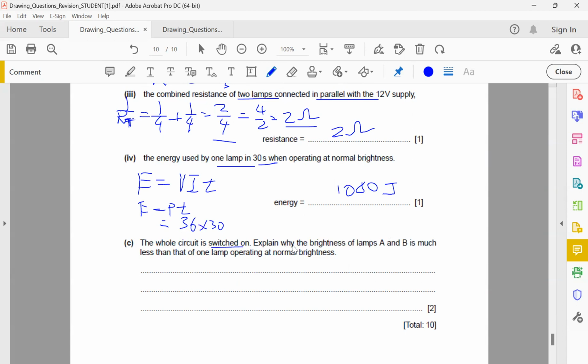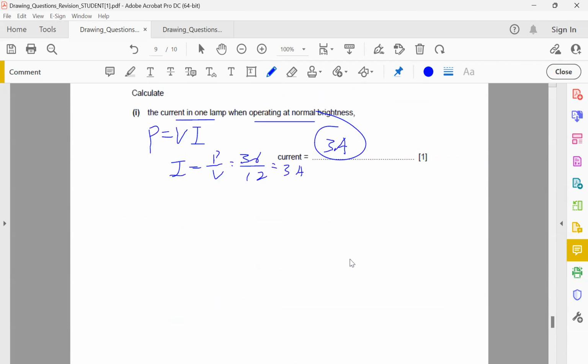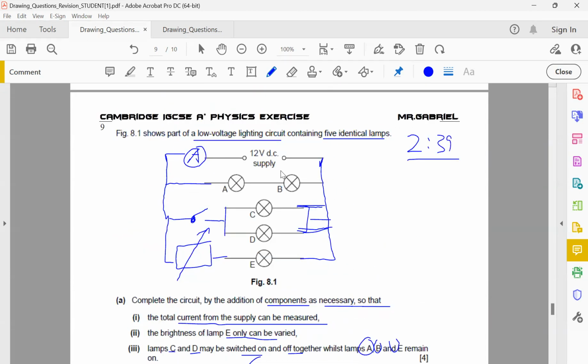And finally, the last part here. The whole circuit is switched on. Explain why the brightness of lamp A and B is much less than one lamp operating at normal brightness. Guys, if you look at the configuration here, A and B is connected in what? It's in series, right? It means to say they have to share what? Voltage. These guys are going to get 6 volts, 12 volts, 12 volts, and 12 volts. So you're going to say that the current here is going to be less, because there's more resistance in this line here.